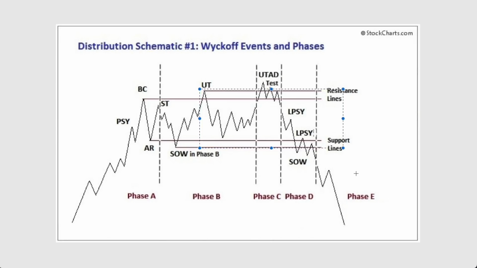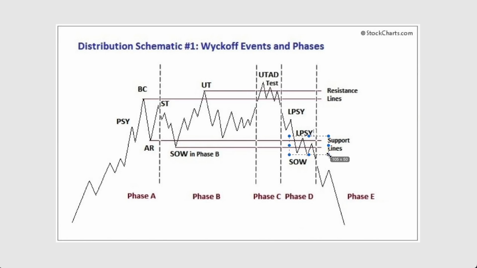But until this schematic is invalidated, you can't really throw out a potential phase E taking place, right? Because if it's not invalidated, then we can't fully, with full confidence, just throw the schematic out the window.